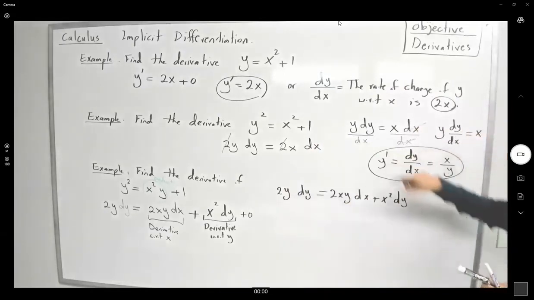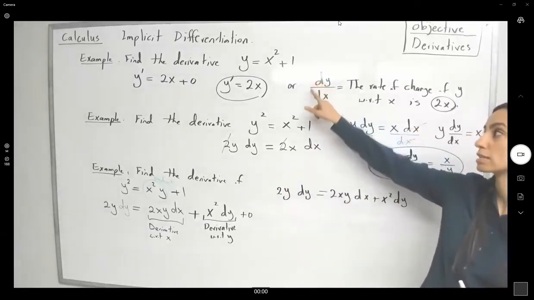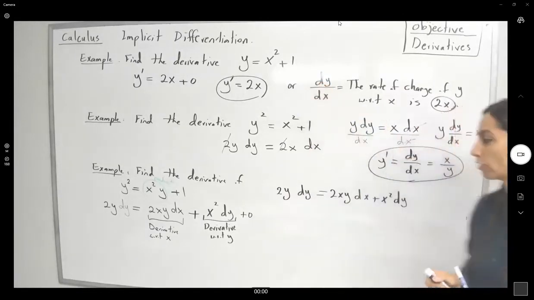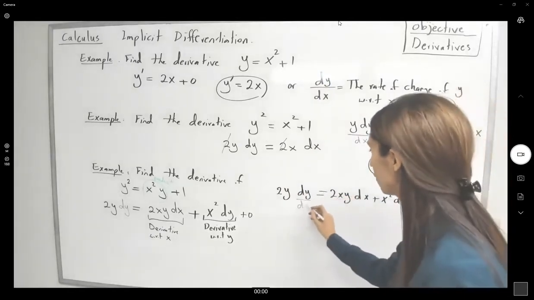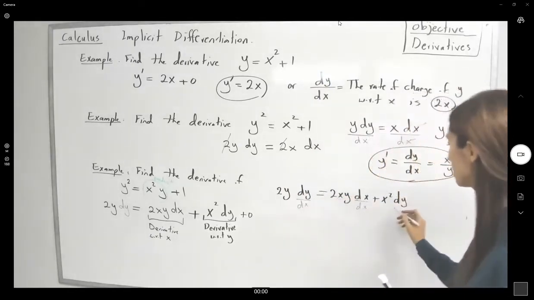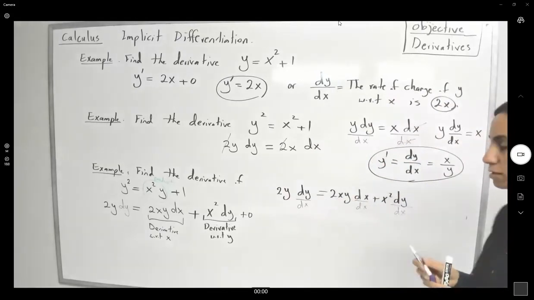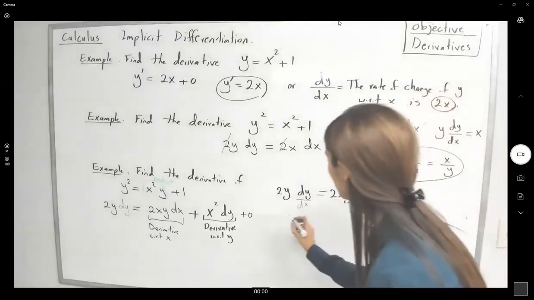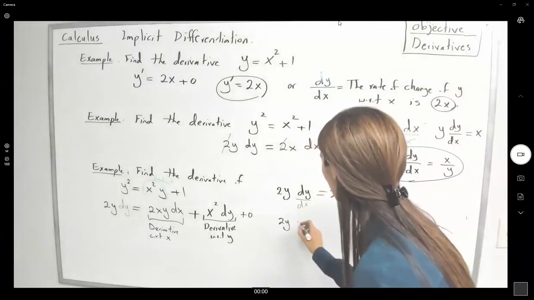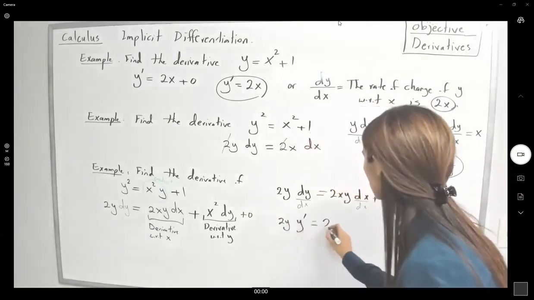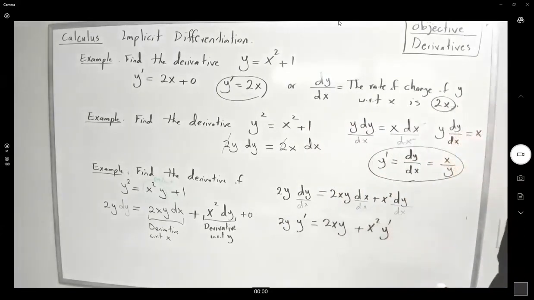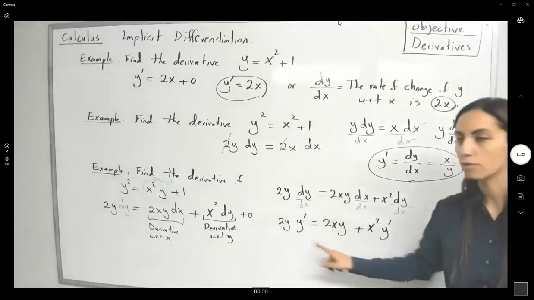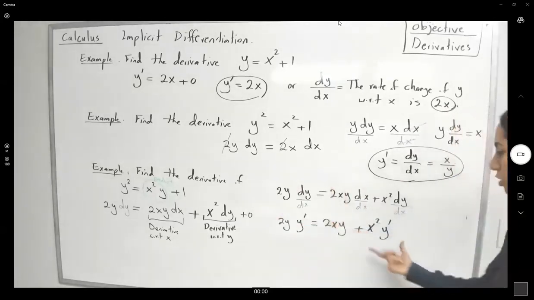Remember that your job is to create dy over dx. This is equal to the derivative of the function. Divide everything by dx. So what do we have? We have 2y y prime equals 2xy plus x squared y prime. You need to have all of the derivatives on one side, so subtract x squared y prime.